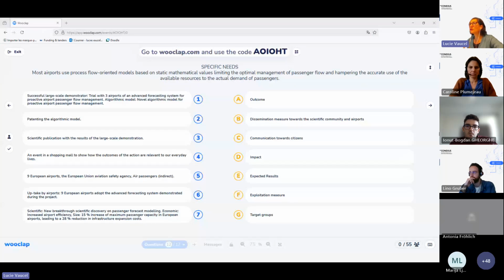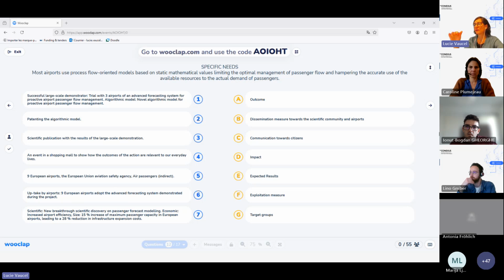So we start from a specific need. Most airports use process flow-oriented models based on static mathematical values, limiting the optimal management of passenger flow and hampering the accurate use of the available resources to the actual demand of passengers. These are specific needs as a starting point.